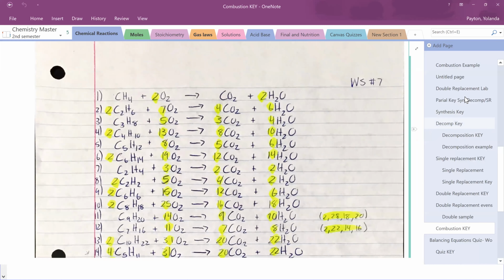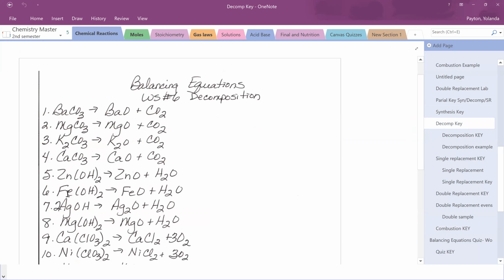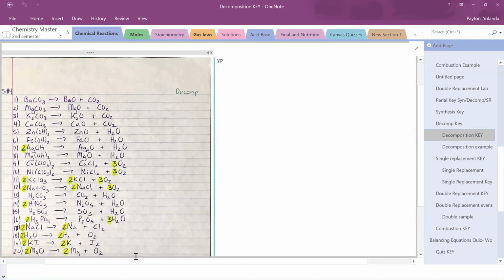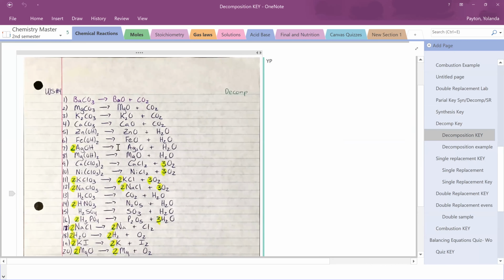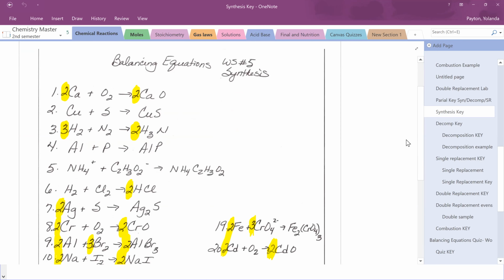If I'm looking at a decomposition key, every single time, there's only one thing on the left side. There's only one reactant, okay? Find that one. There's only one thing on the left side of the arrow, okay? On synthesis, there's only one thing on the right side of the arrow, okay?